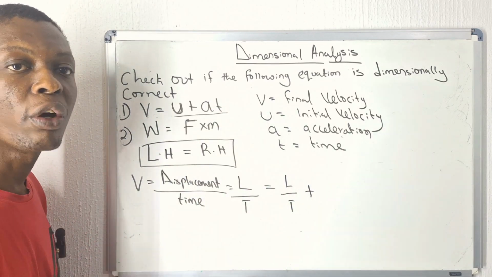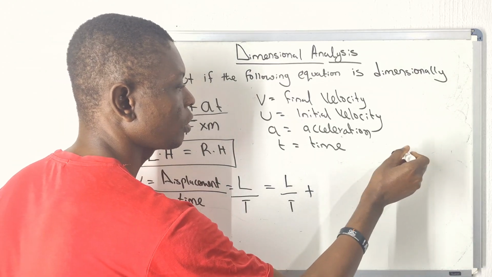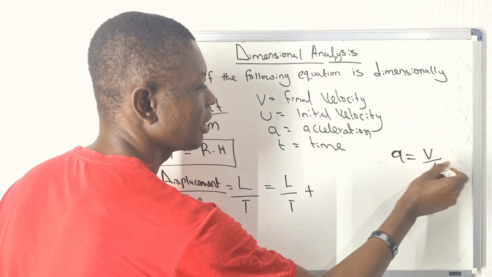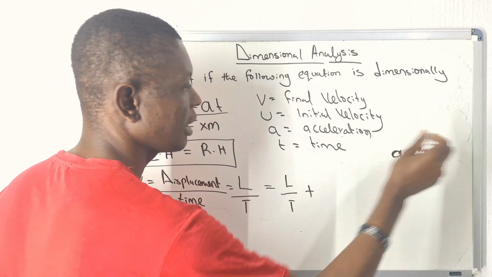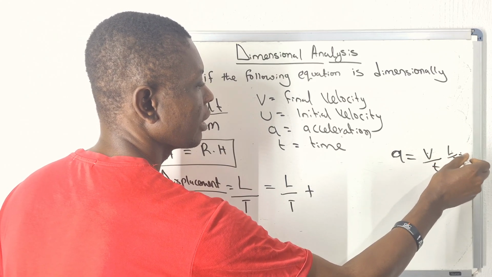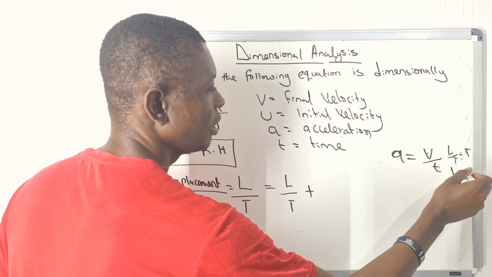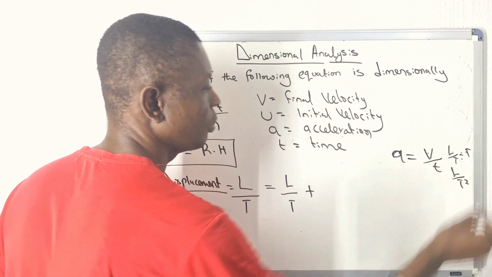Acceleration is the rate of change of velocity with time. In our previous class, acceleration A is equal to V over T. Our velocity is L over T, divided by T, and this becomes L over T squared.